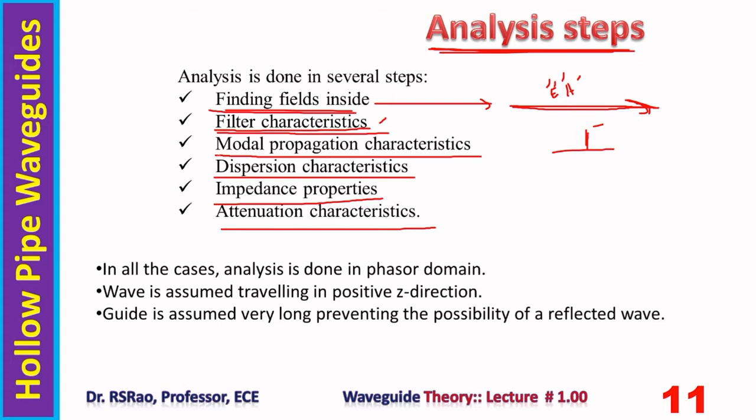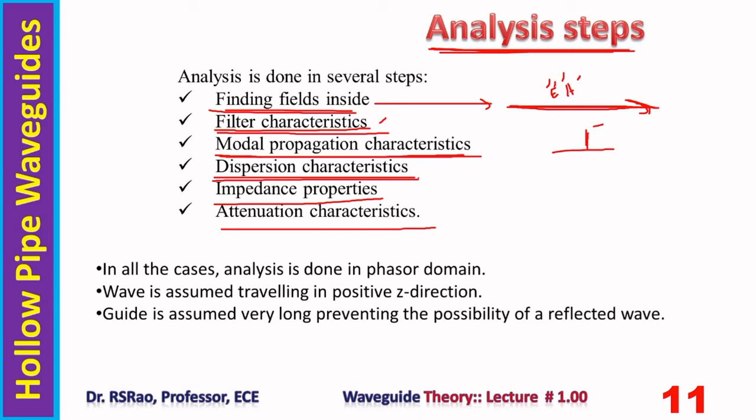Modal propagation characteristics. While traveling through the guide, the wave possesses a certain structure with certain features. These structural features are discussed or found under modal propagation characteristics. Dispersion characteristics. Hollow pipe waveguides are dispersive in nature.